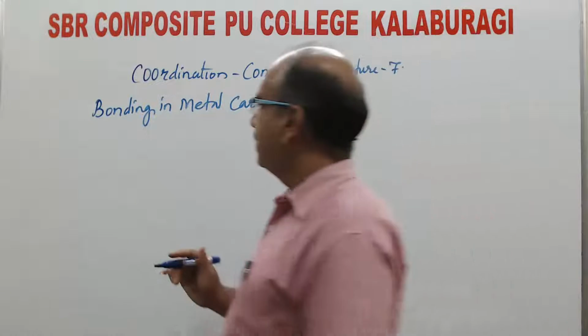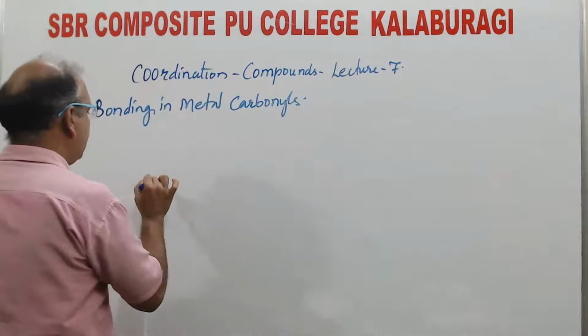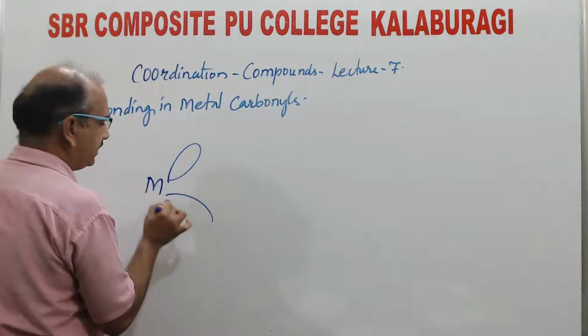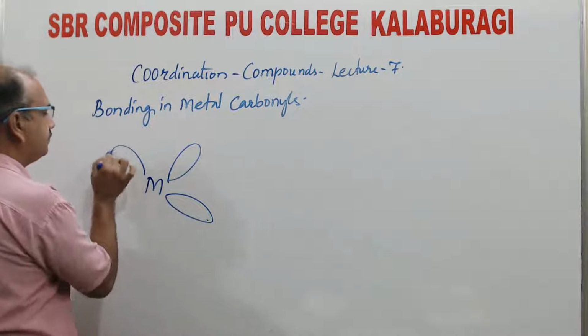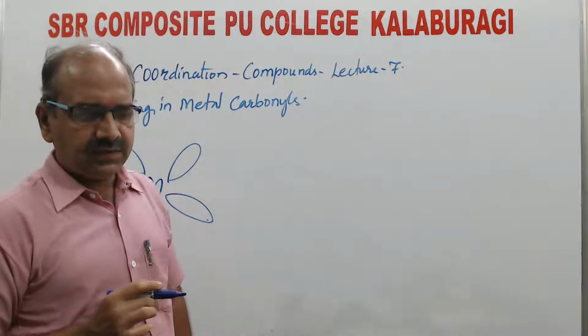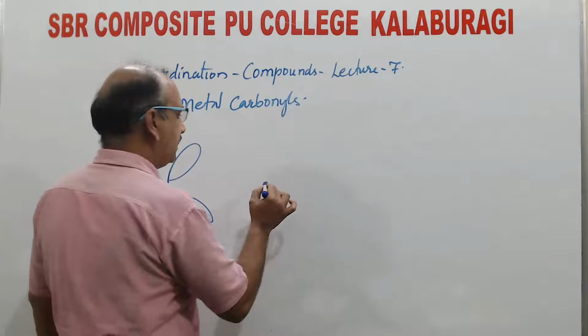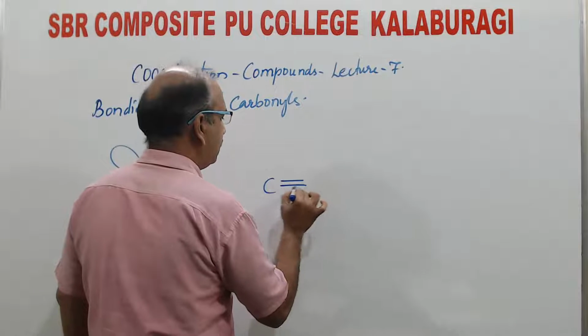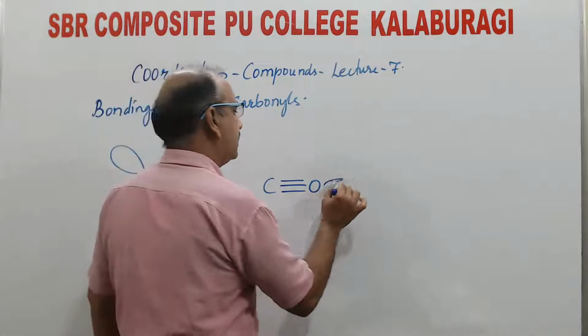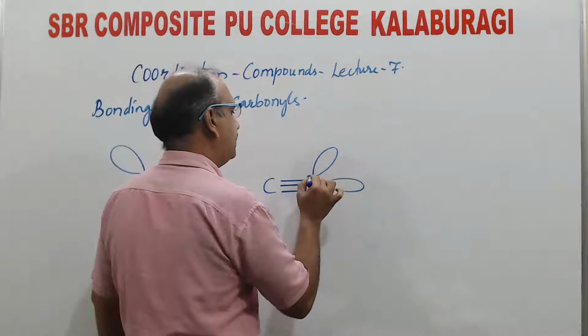Okay, let us see. Now one metal atom is here in the center, and it has various orbitals like this. And there is carbon monoxide, which has its own orbitals.